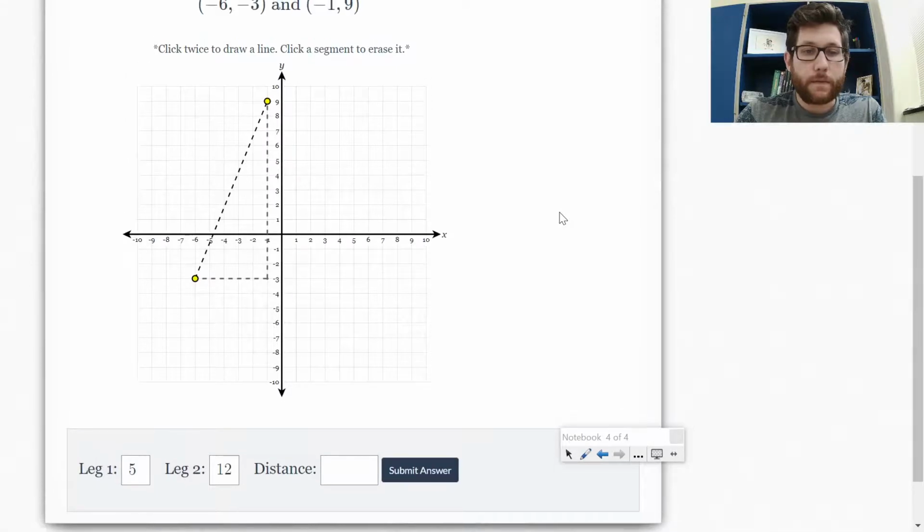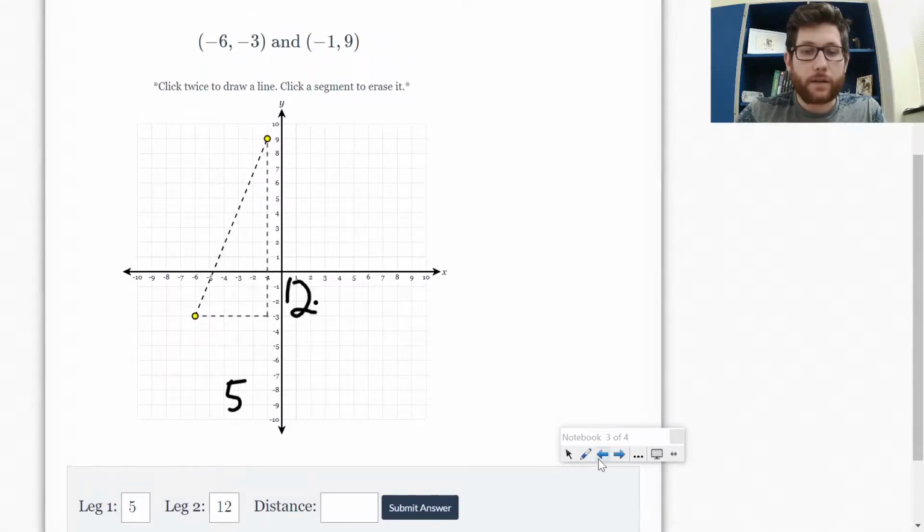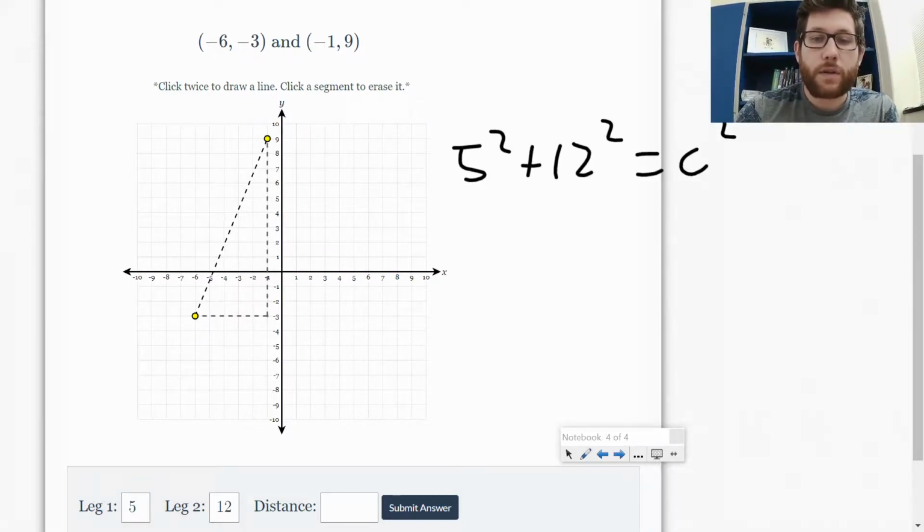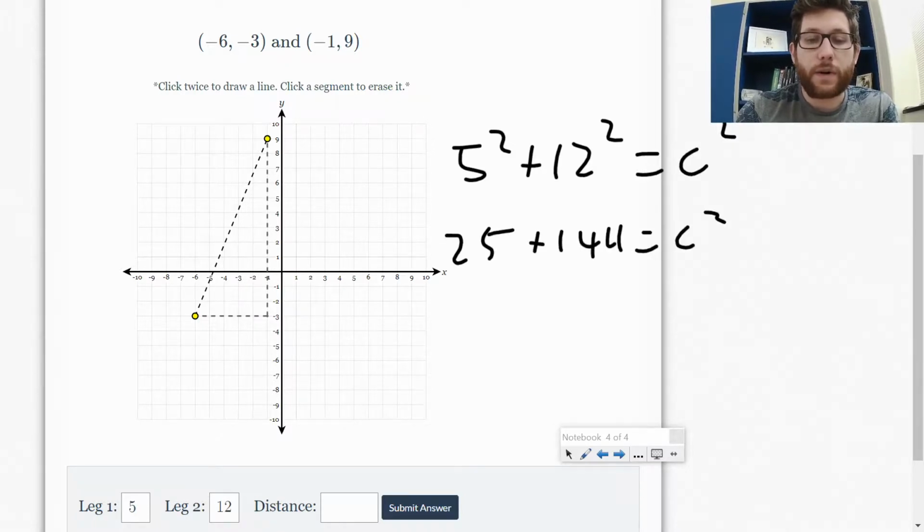All right, let's go ahead and try a squared, b squared, c squared here. So once again, I had 5 and 12, so I'm going to do 5 squared plus 12 squared is equal to c squared. 5 squared is 25, 12 squared is 144, c squared is, well, c squared. I add this up, I get 169 is equal to c squared.